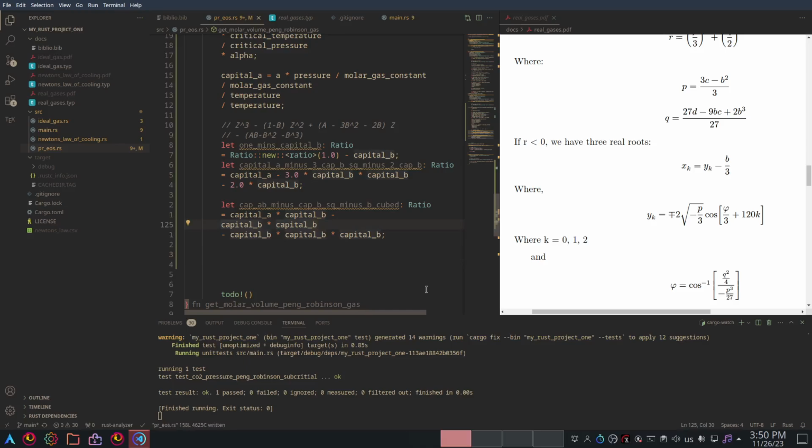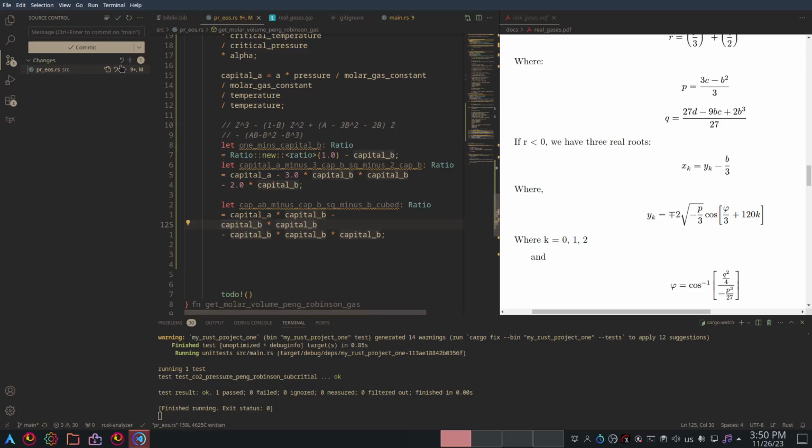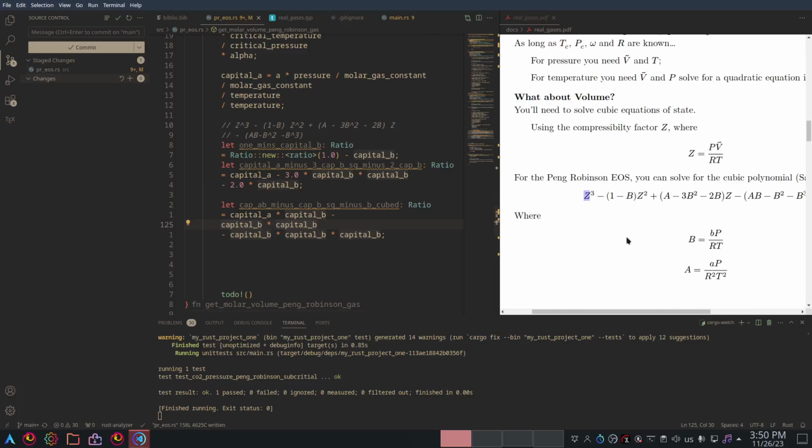For now, before I start, I want to save this to Git first. Before I do anything, remember, I like to save a lot. So I'll just add this to Git. I'll mark the Peng Robinson eos.rs file for saving, because I want to save the progress.